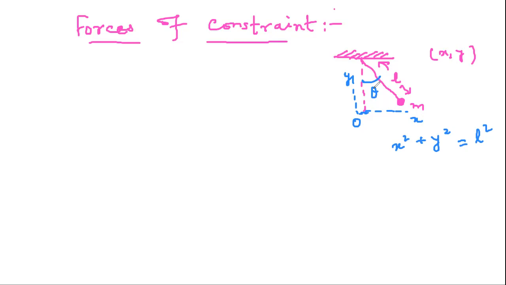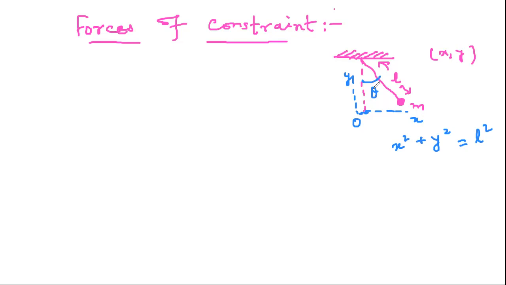So let us consider this example. Constraints can have types: they can be holonomic, they can be non-holonomic. For example, this constraint which we have discussed here, x square plus y square is L square, is a holonomic constraint. So when you have such equalities in constraint equations, such constraints are holonomic.